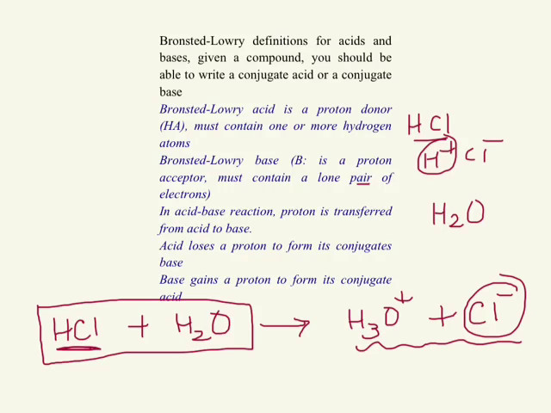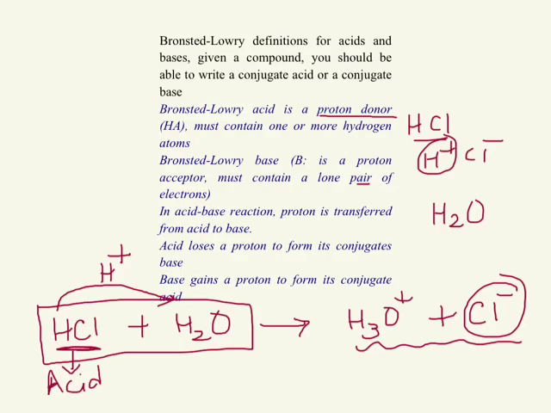Cl minus. So that means HCl must be donating H plus, and then getting converted to Cl minus. So if HCl is donating the proton, that means it is a proton donor. So that means this is an acid.